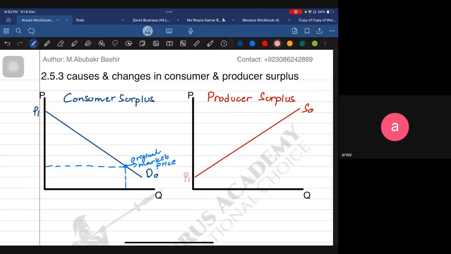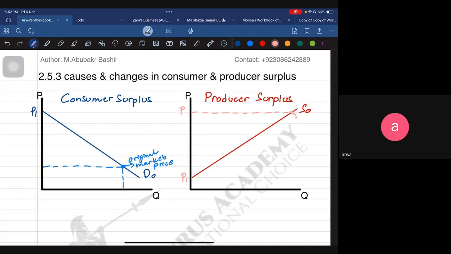And here again, this is showing the, okay, I'll make it a bit higher. This was the original market price, right?